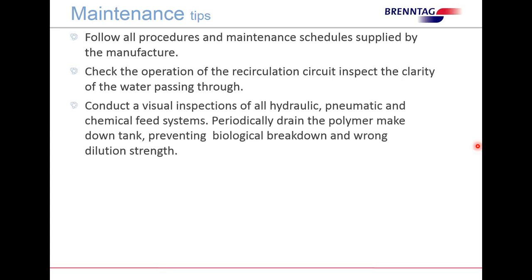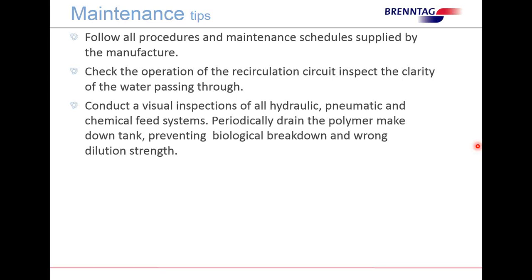Periodically drain the polymer makedown tank. This prevents any biological buildup that can cause breakdown or the wrong dilution rate. You know, if you have an operator that wants to get done early on a Friday, and he's supposed to wait till the polymer's at 1 foot but it's down to 2 foot, and says let's just do it now, well, that'll increase the amount of polymer in your system, changing the strength of the dilution.